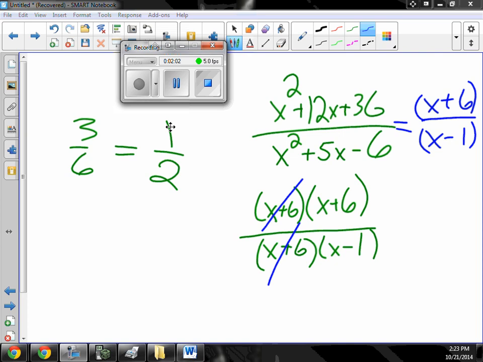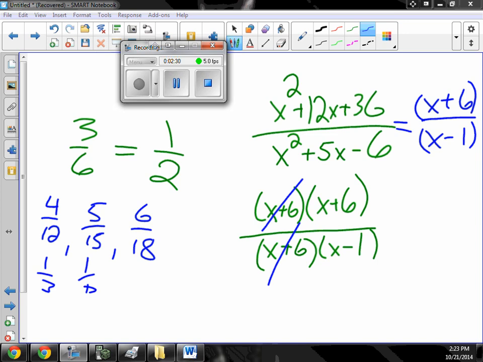Well, all I've done is simplified those fractions ahead of time. So let's say my first one would have been like 4/12, and my second one would have been 5/15, and my third one would have been 6/18. And all of these simplify, they end up all being 1/3.